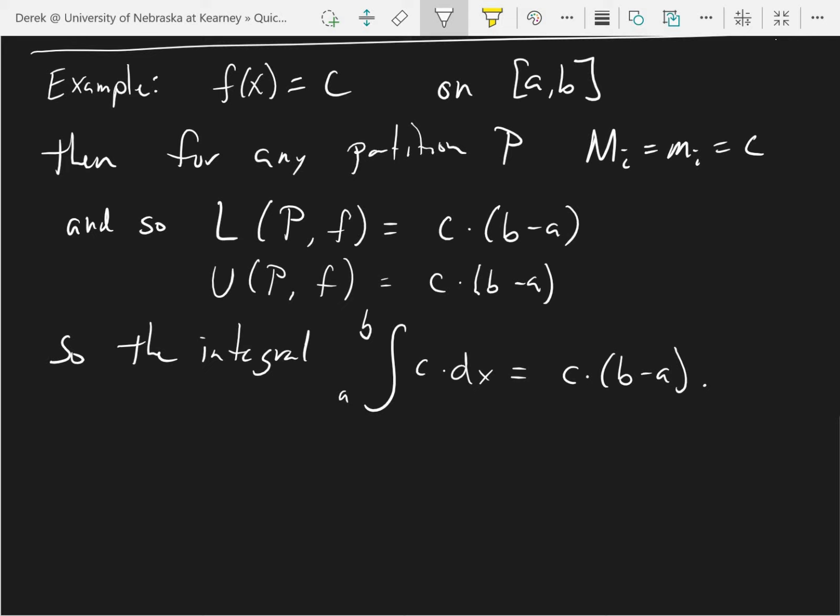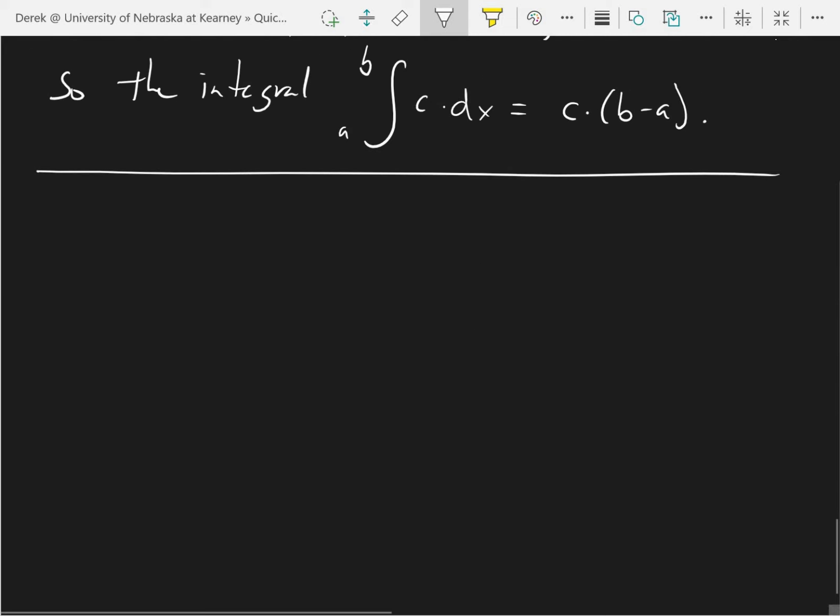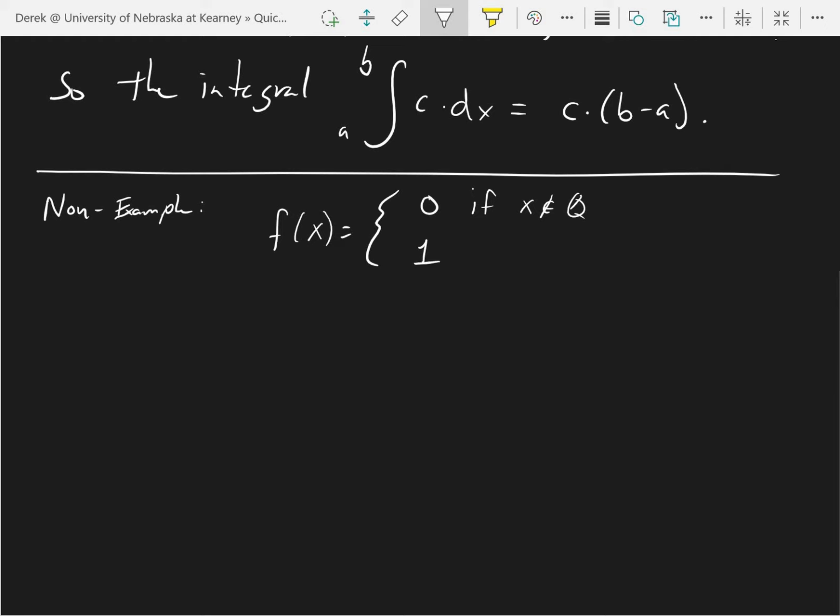Okay, let's look at a non-example now. So this is one of our pathological functions from a while back that we've used a few times. So f of x is going to be 0 if x is not rational, and it's going to be 1 if x is rational.